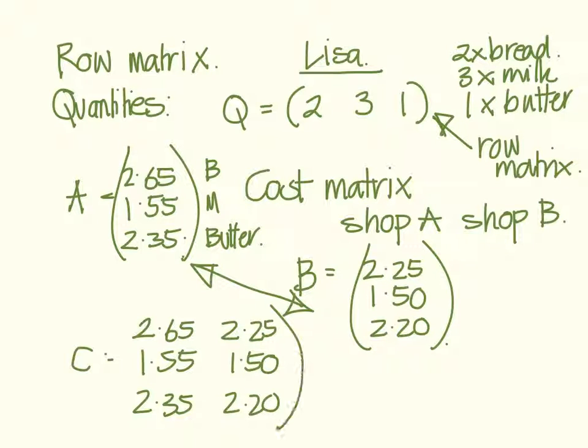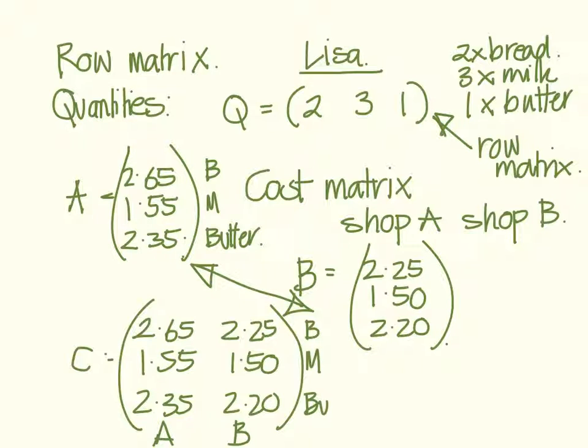So that is called cost matrix C. We've got A here and B here, and we've got bread and milk and butter here. Hopefully that's very straightforward.